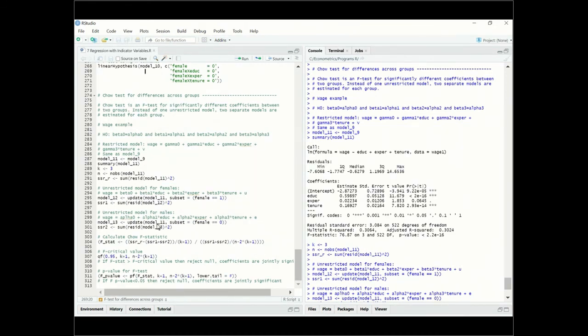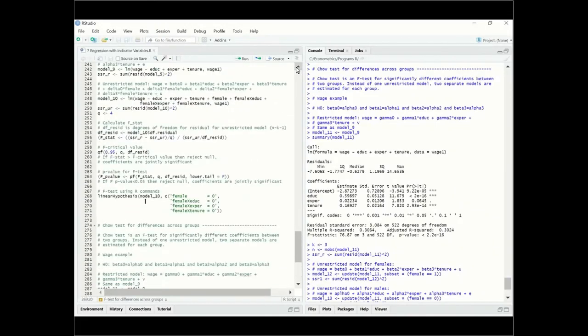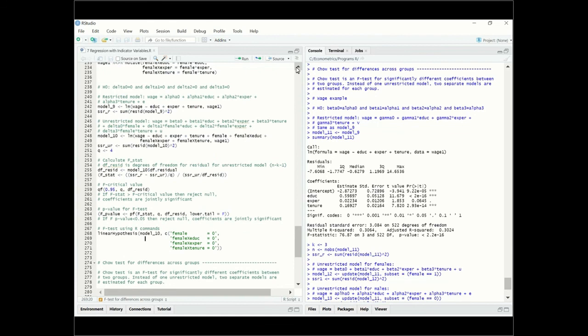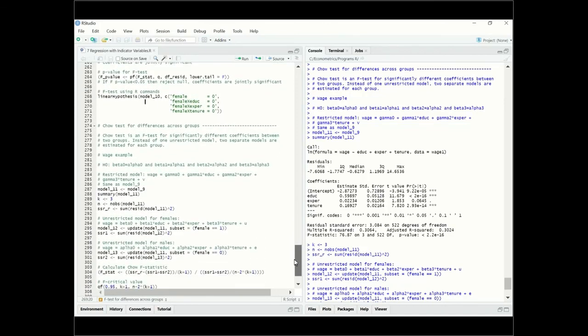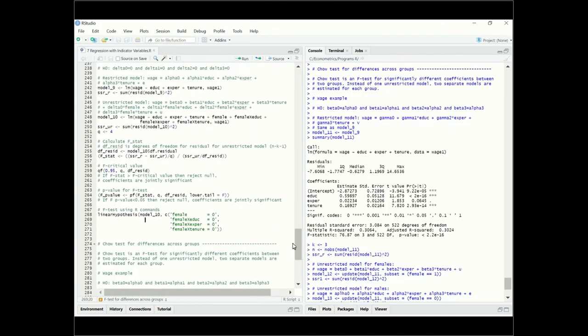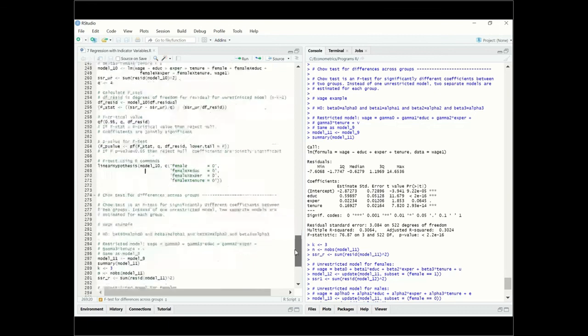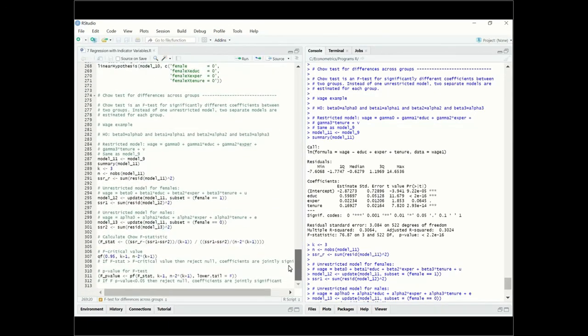Now notice that the model 11 from up above does not have any interaction terms here. So this was the same as the model 9 here. So it basically has no interaction terms here. And so, we are estimating this model separately for males and females.